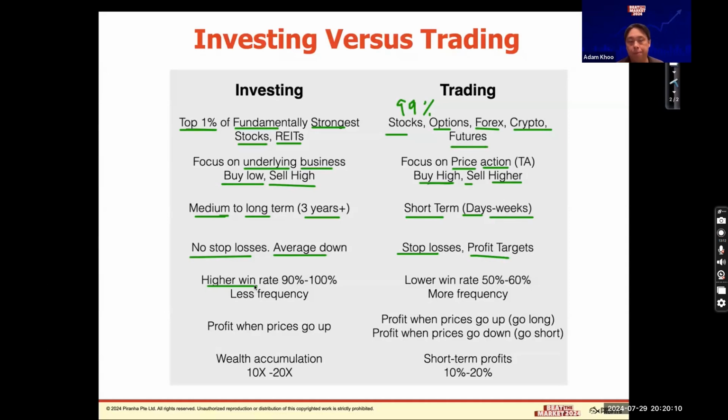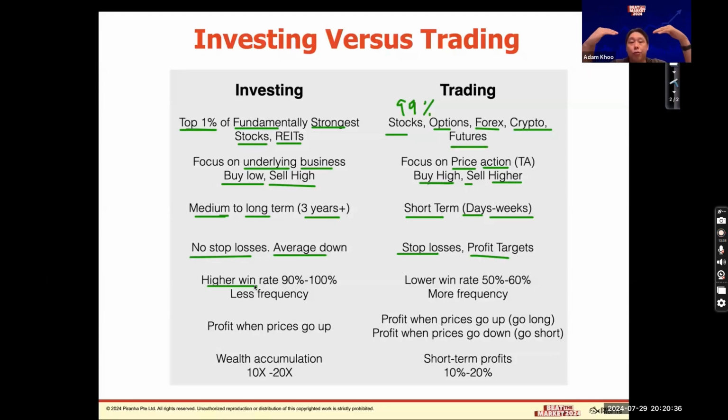Let me ask you this question. If you buy a great company like Microsoft, like Amazon, like Meta, like Google, when they are undervalued, what is the chance that the stock will be higher in 3 to 5 years? What's the chance it will be higher in 3 to 5 years? I can tell you it's close to 100%, 90 to 100%.